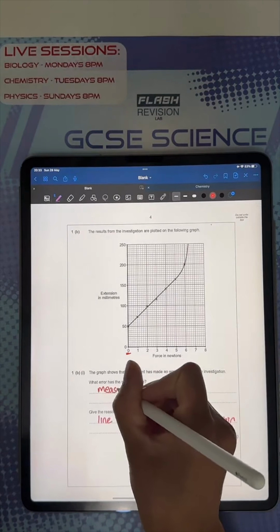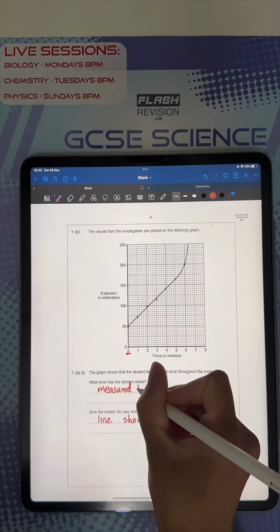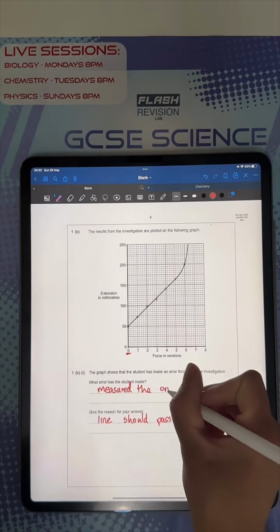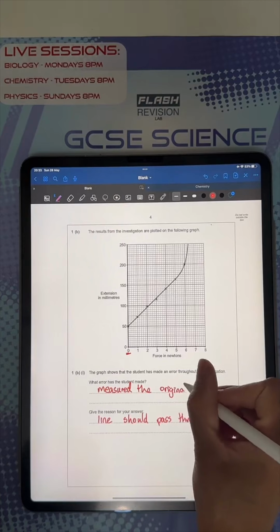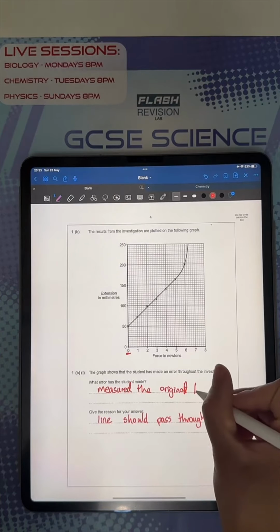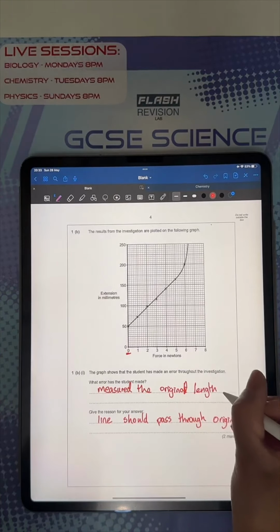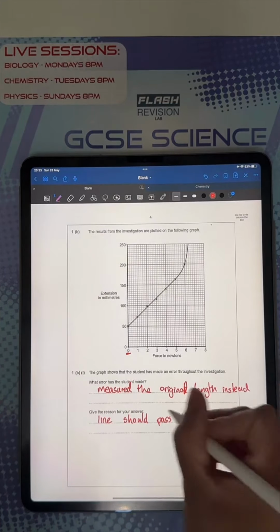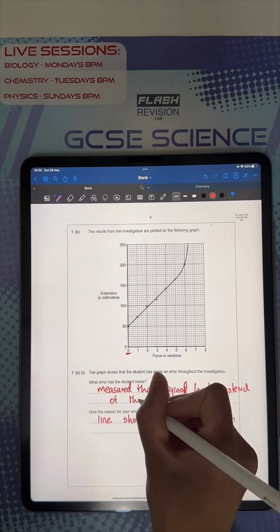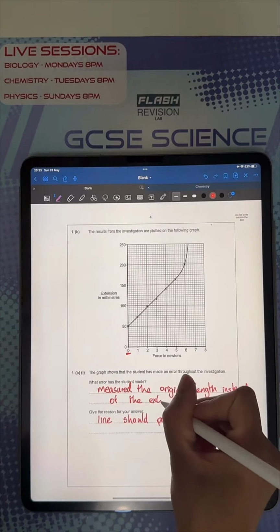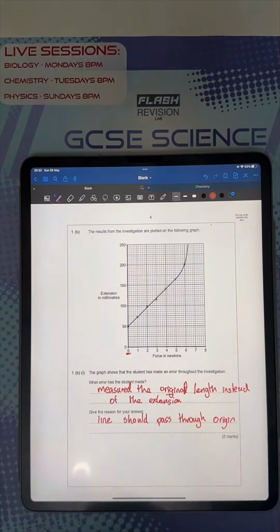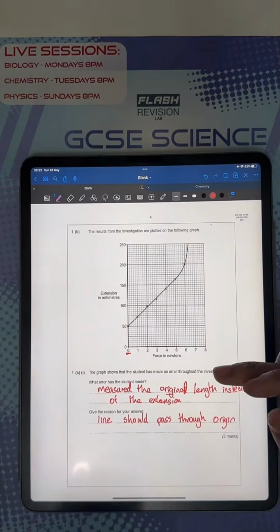So they measured the original length instead of the extension. Yeah. Okay, good.